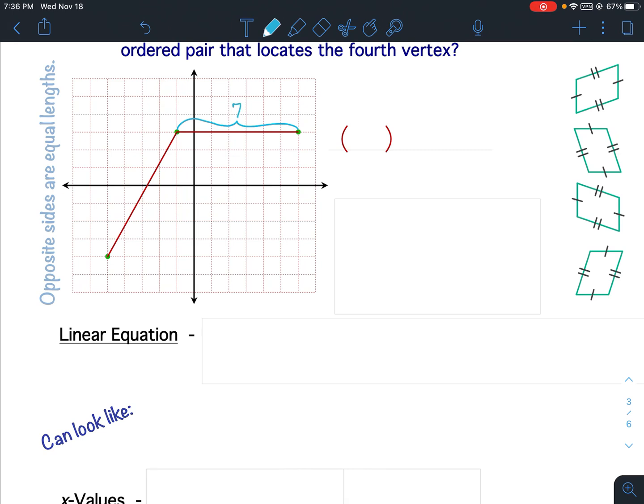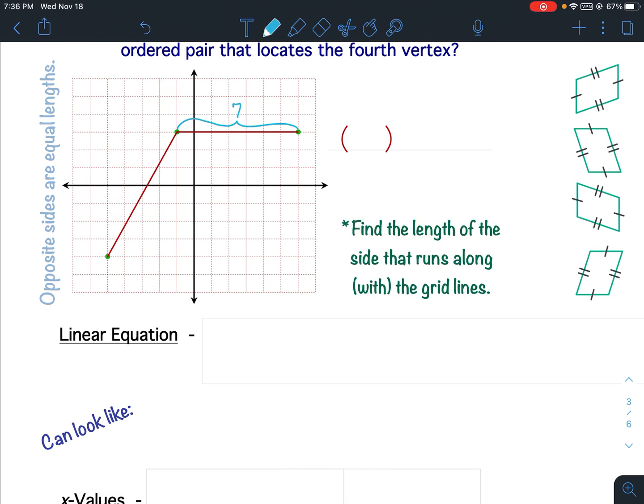That means the side that runs down here also has to be 7 units long. If the top is 7, the bottom has to be 7. I find that the easiest way to do this is to find the length of the side that runs along the grid lines. This side up here runs with the grid lines. Find the length of that side, then the opposite side will be the same length. Pause your video and get all of that written down.